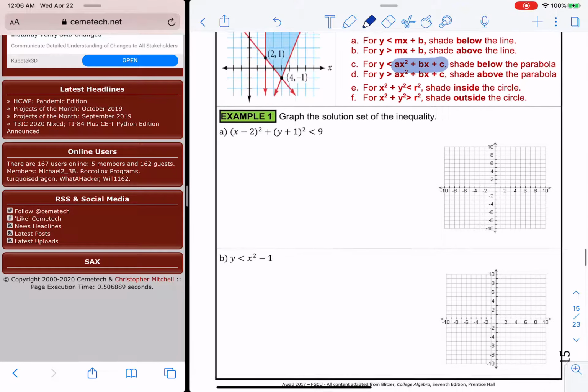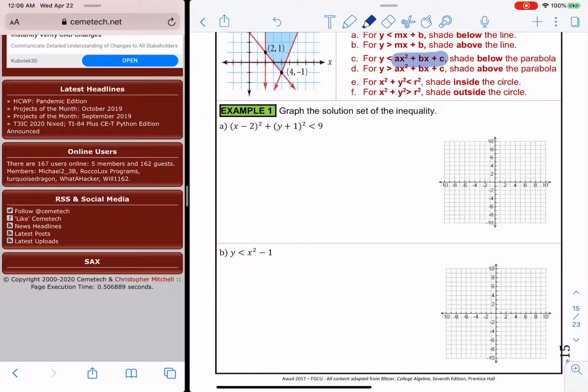So here we have our first inequality, and by the looks of it, this is a circle. And we know the general form of a circle is x minus h squared plus y minus k squared less than r squared.